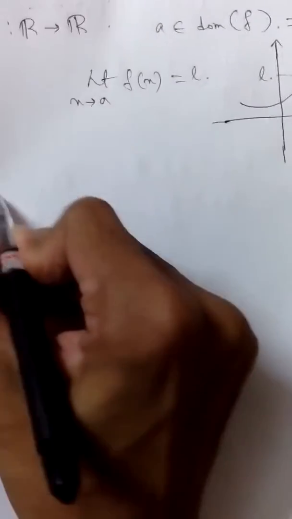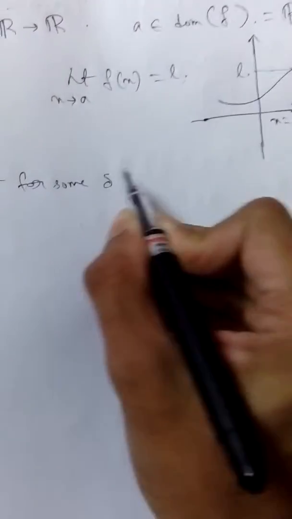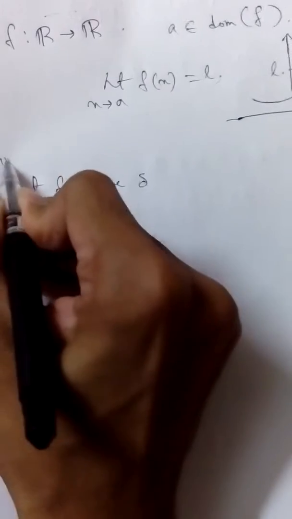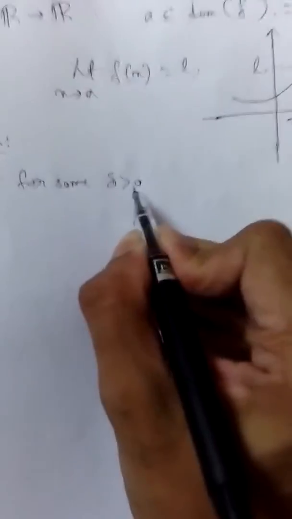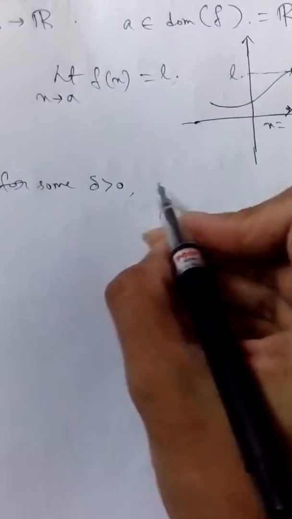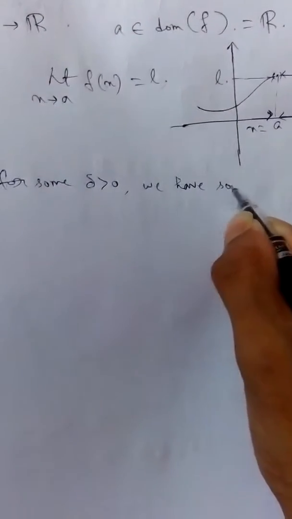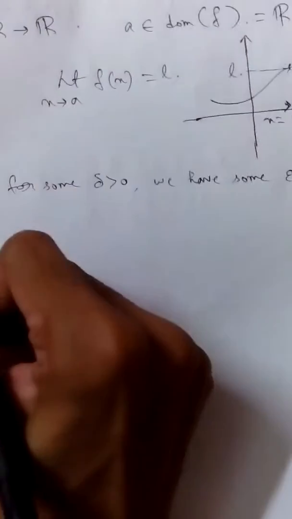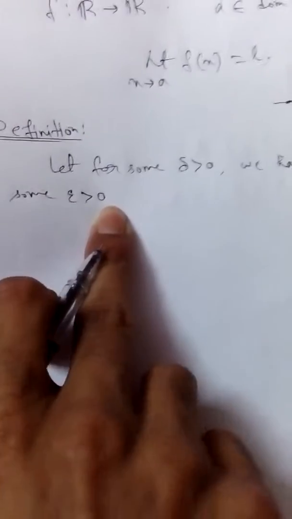This is a definition. Let for some delta positive, very tiny delta, we have some epsilon positive, or there exists some epsilon positive which is also very tiny here.